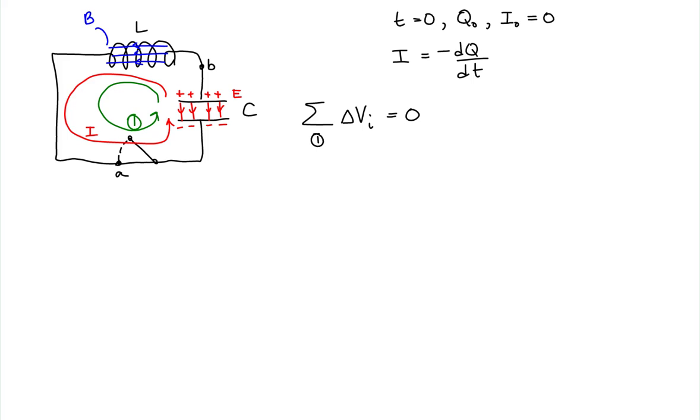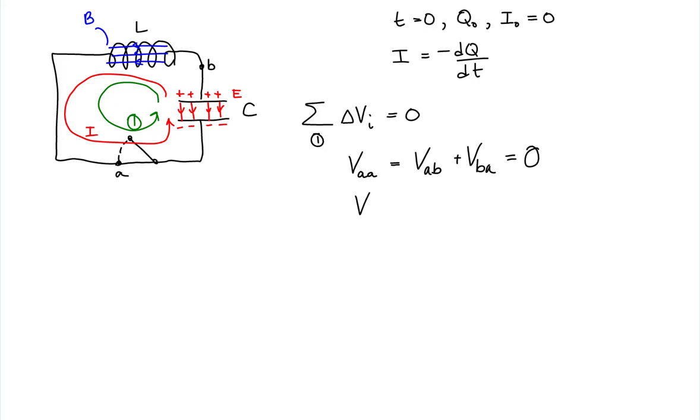So in analyzing this loop in the counterclockwise direction, let's sum up the voltages across the capacitor and across the inductor. This would essentially be starting at point A and ending at point A. So the potential difference from A to A is equal to the potential difference from A to B plus the potential difference from B to A, and according to Kirchhoff's voltage law, this is going to sum to 0.